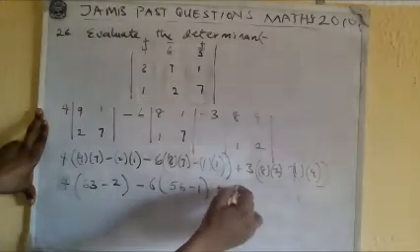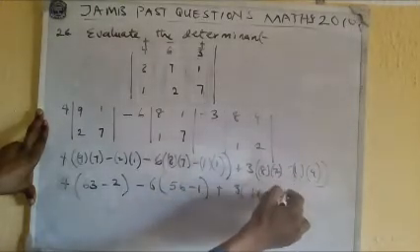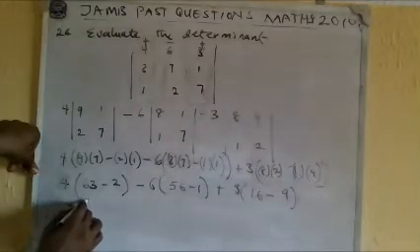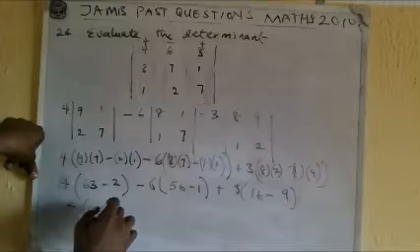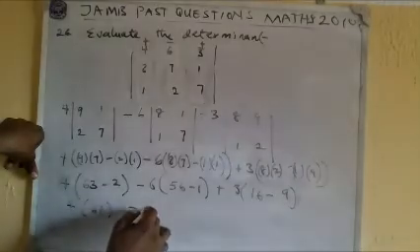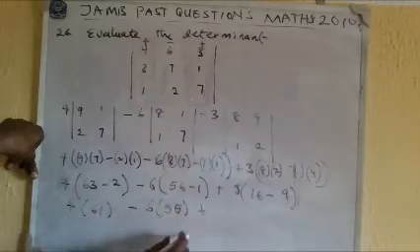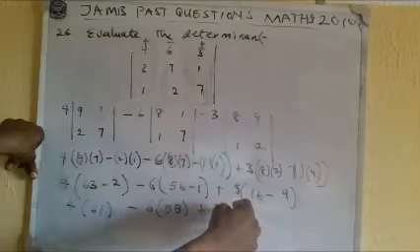Then plus 3: 8 times 2 is 16, minus 9. Still 4 outside, this is 61. Minus 6 outside, this is 55. Plus 3 outside, that is 7.